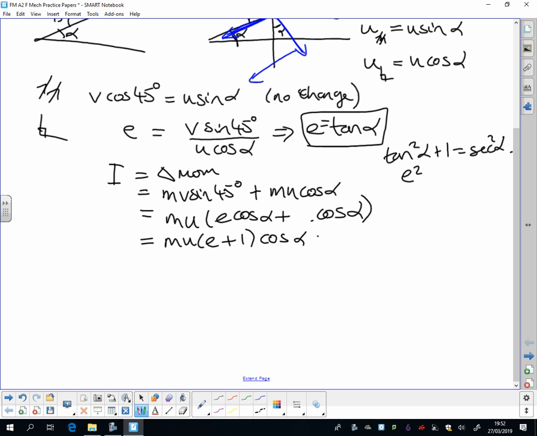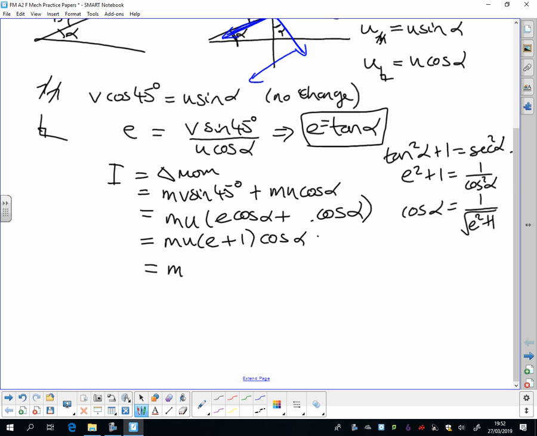E is tan alpha, so E squared plus 1 is 1 over cos squared alpha. So cos alpha is going to be 1 over the square root of E squared plus 1. Remember, we know alpha is between 0 and 45, so I'm going to take the positive root.